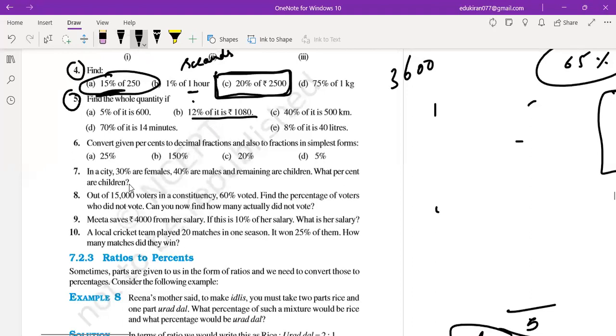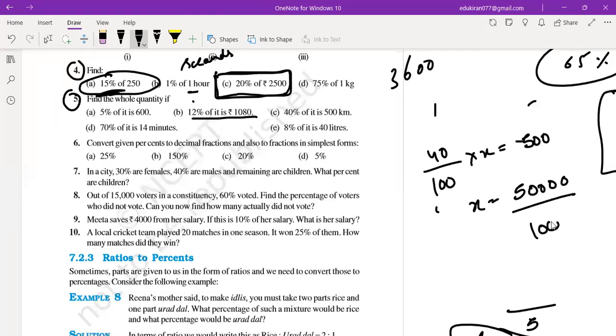So over here, C1, right? 40% means 40 upon 100 of X equals 500, right? So that means this 1, 2, 3, 4 divided by 100. Sorry, divided by 40, right? So the 0 and 0 got cancelled.